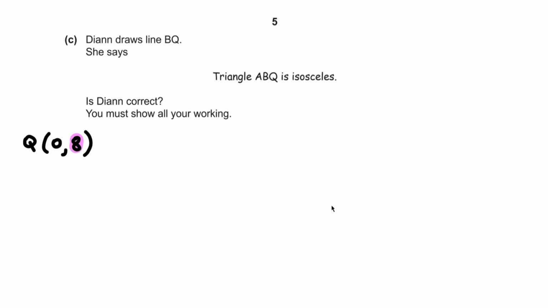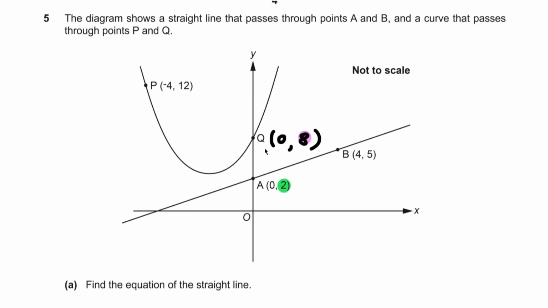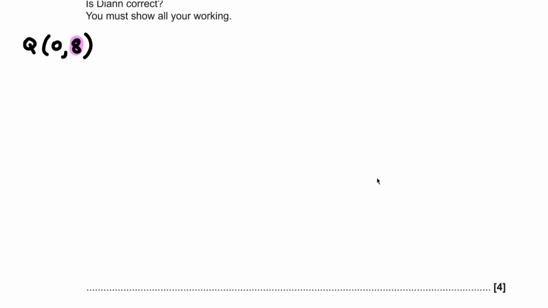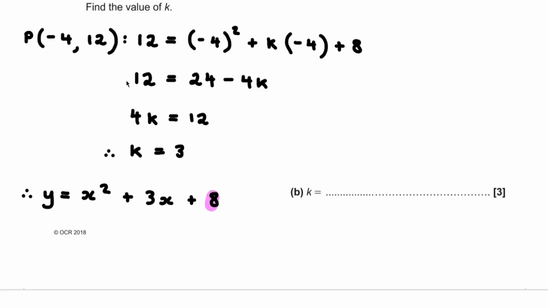Now what they are saying is ABQ is isosceles, so two of the lengths must be the same. So, for this triangle to be isosceles, let's think about the length AB and the length QB. So, if I find the length of QB, what I have is the change in x's.